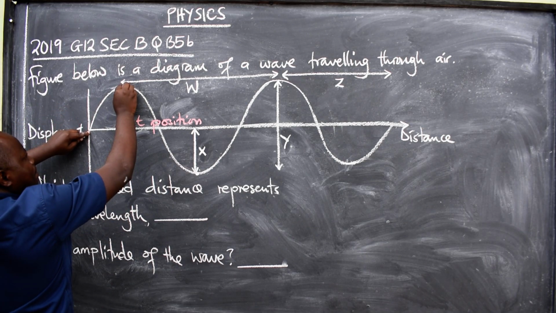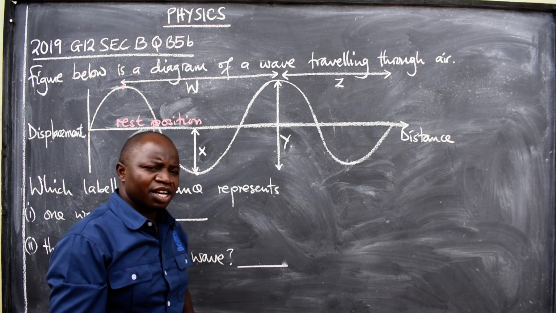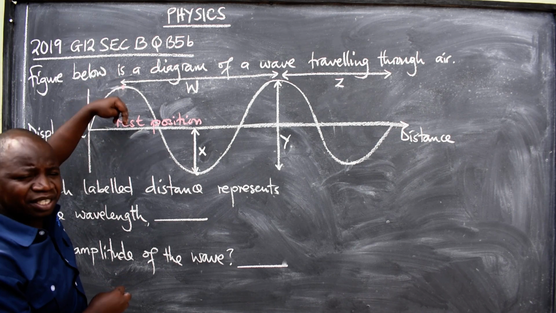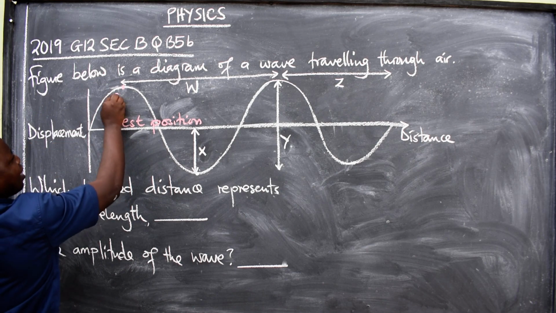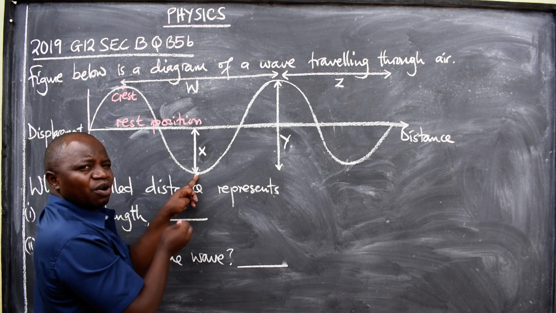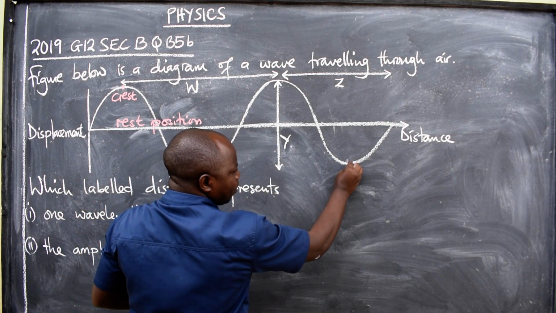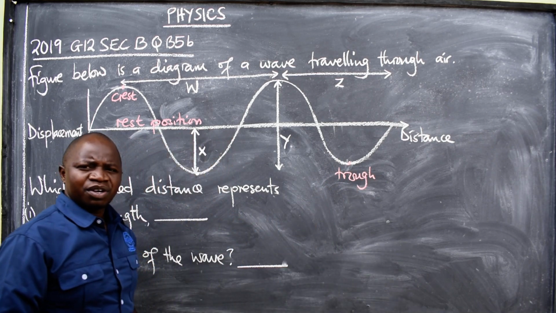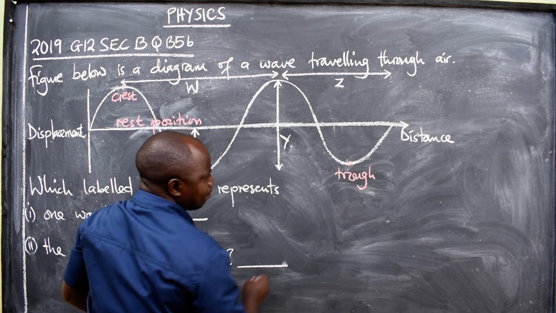There is a maximum point here, the highest point at which the wave travels. What do we call this point? The highest point that has been reached by this wave is called the crest. The opposite, the lowest, which can be either this or this, is what is called the trough. So we have this point here and also this point here.